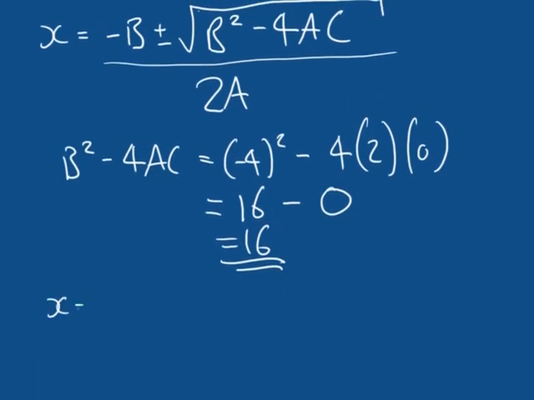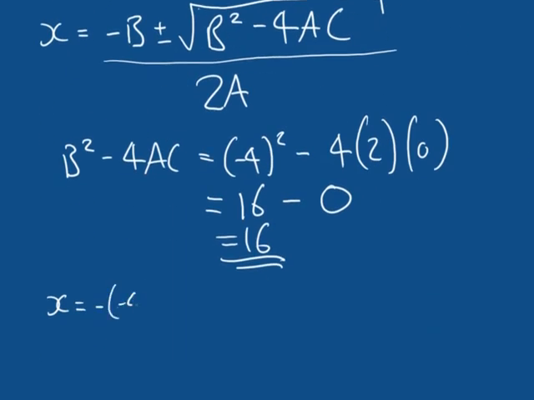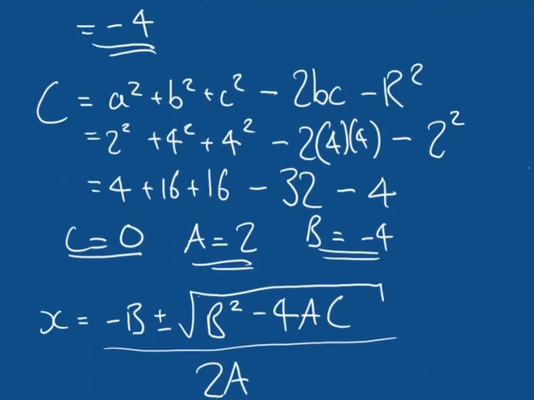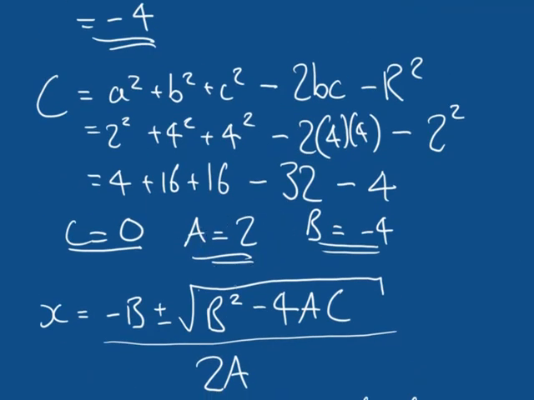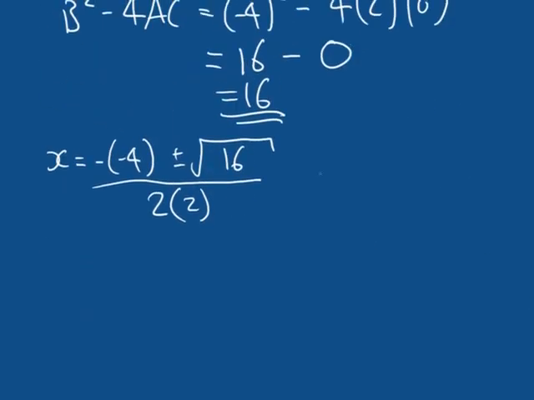So x is going to be equal to minus b, we saw was minus 4, so it's equal to minus 4, plus or minus the square root of, we saw b squared minus 4ac is 16, divided by 2 times a, and a we saw is a value of 2. So 2 times 2. I'm going to write this next to us just so we have enough room to evaluate all this.